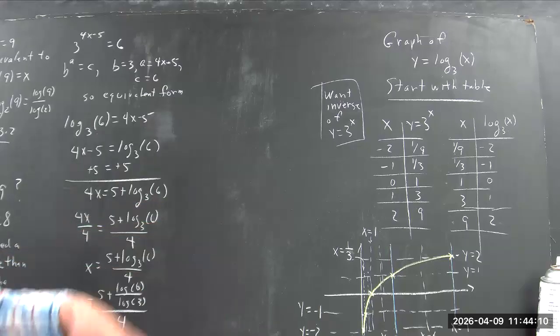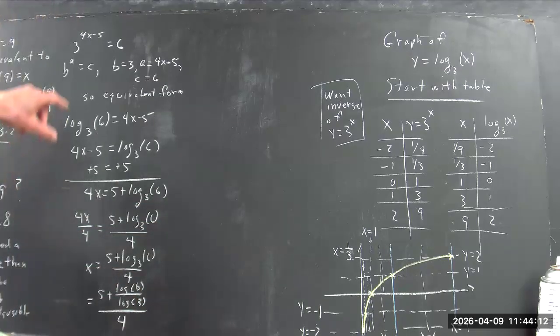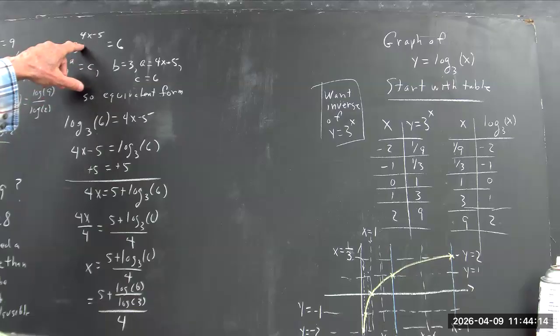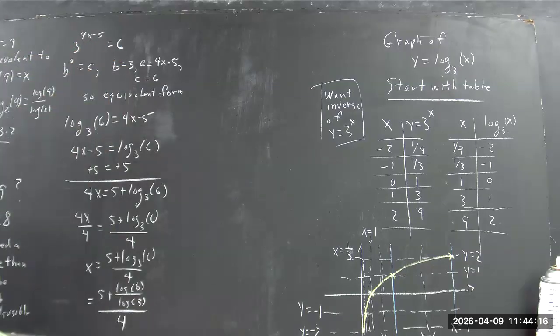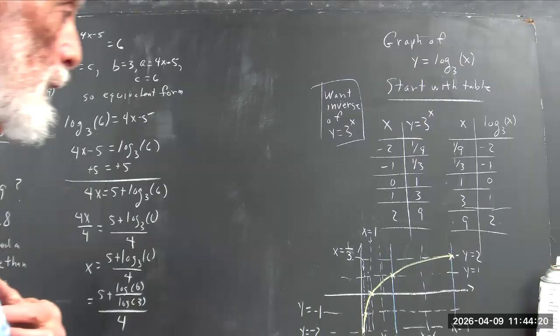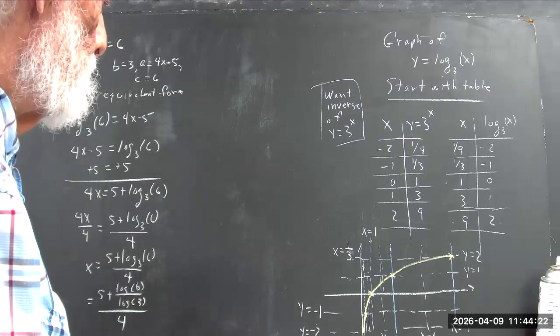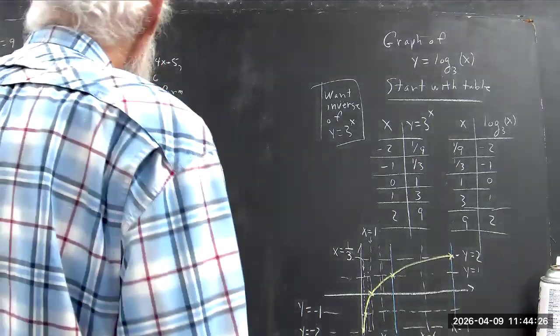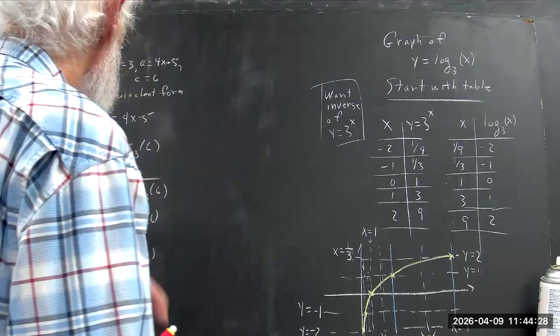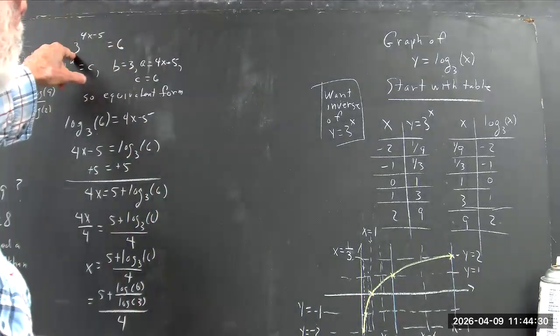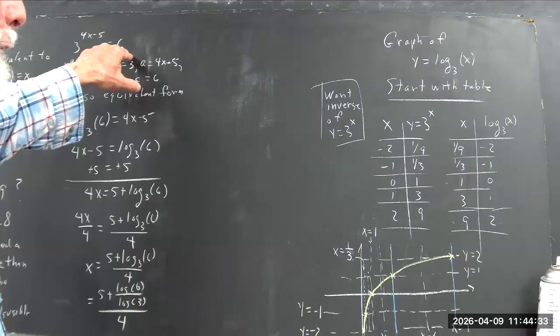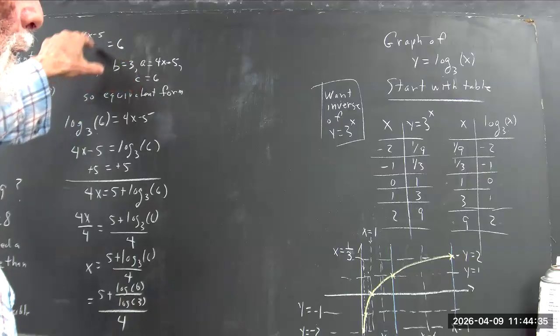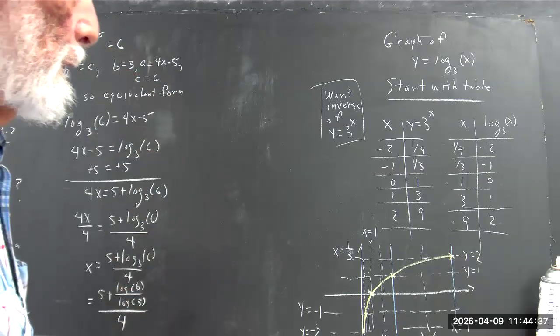Now, just since we have it right here, remember the equation 3 to the 4x minus 5 equals 6. What power of 3 equals 6? 3 to the what equals 6?